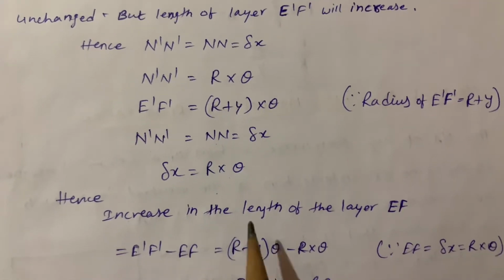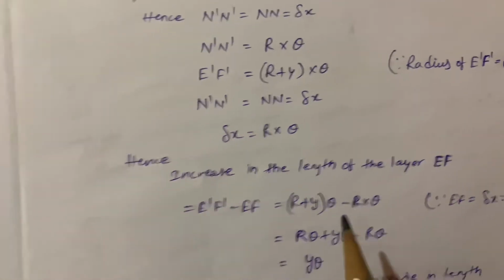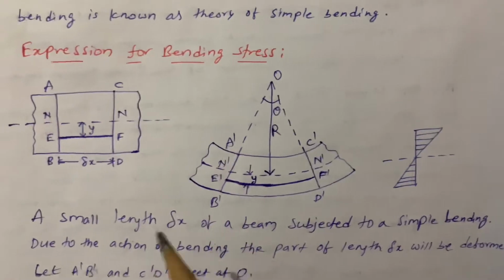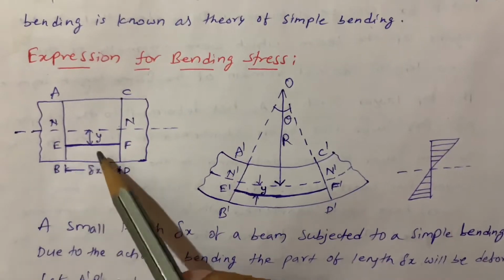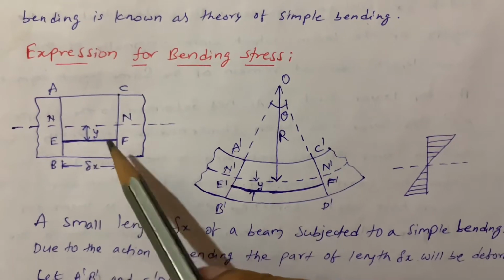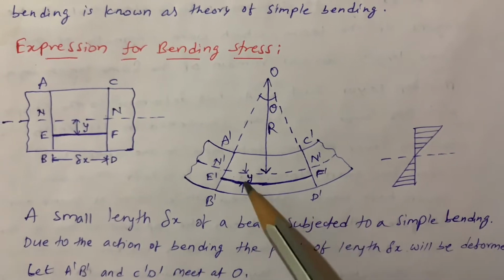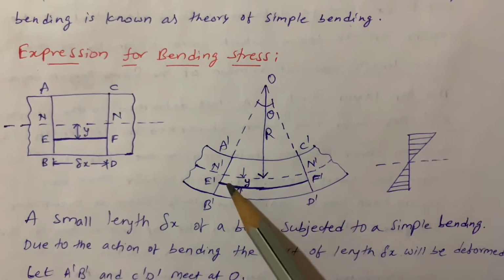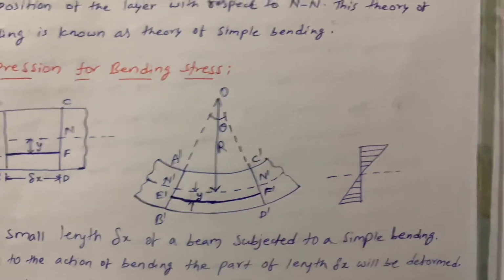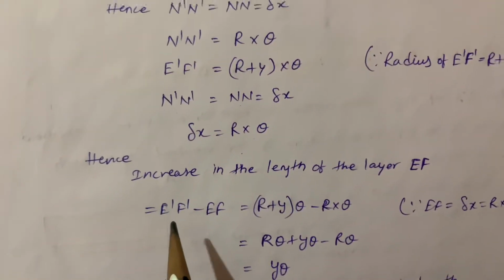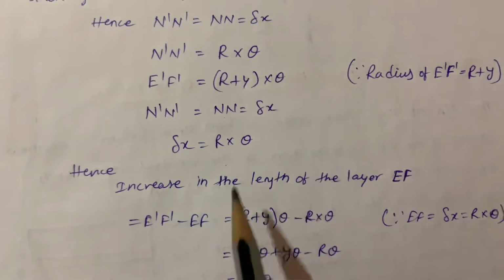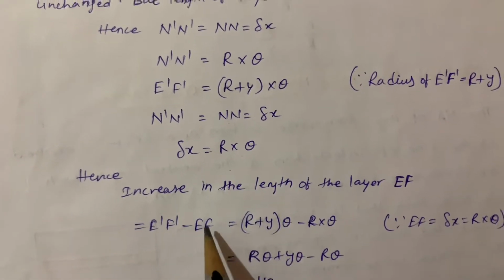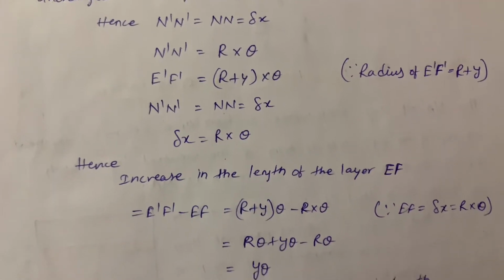Hence the increase in length of the layer EF, the layer which we considered, is E dash F dash minus EF. E dash F dash equals R plus Y into theta, minus EF equals R into theta.